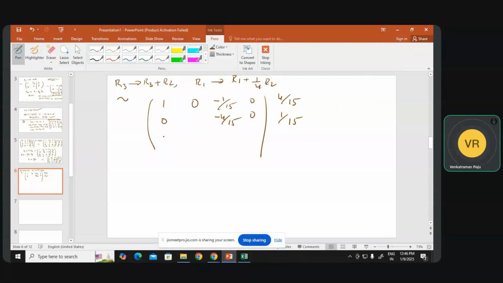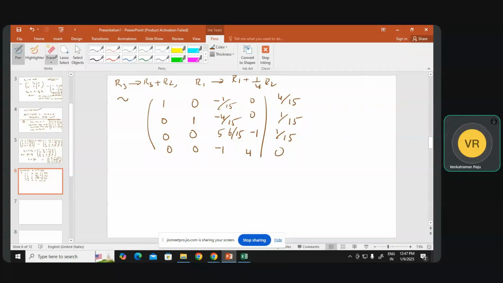So that will lead to 0, 0, 56 by 15 minus 1, minus 1, 1 by 15 again here, 0, 0 minus 1, 4, 0.